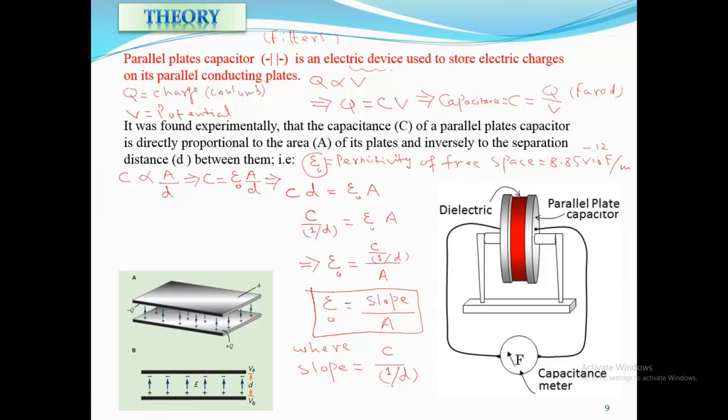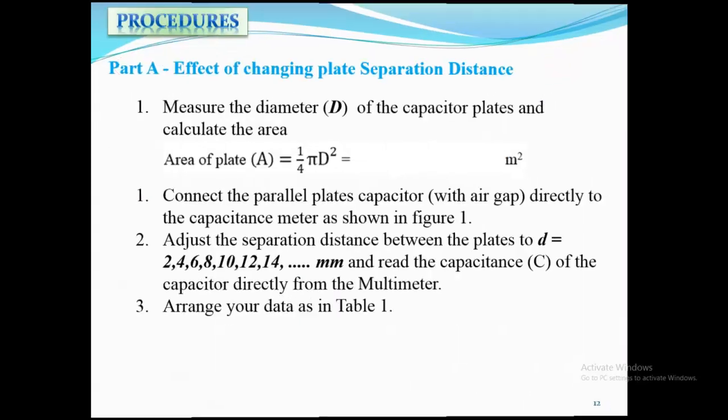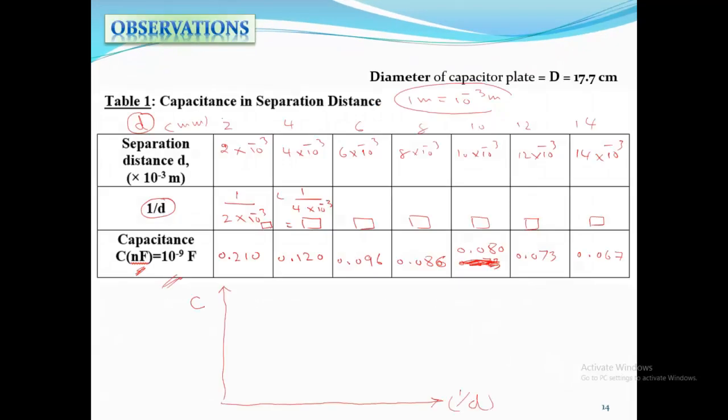Normally slope is del y by del x, right? Del y by del x is your slope. So it means along the y-axis you have to take capacitance, along the x-axis you have to take 1 by d. This is what I am doing here in the graph.